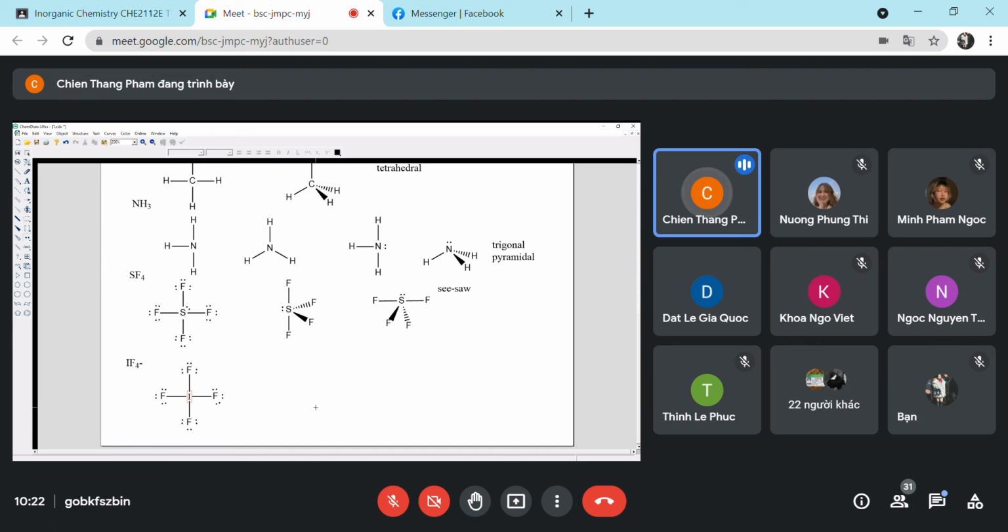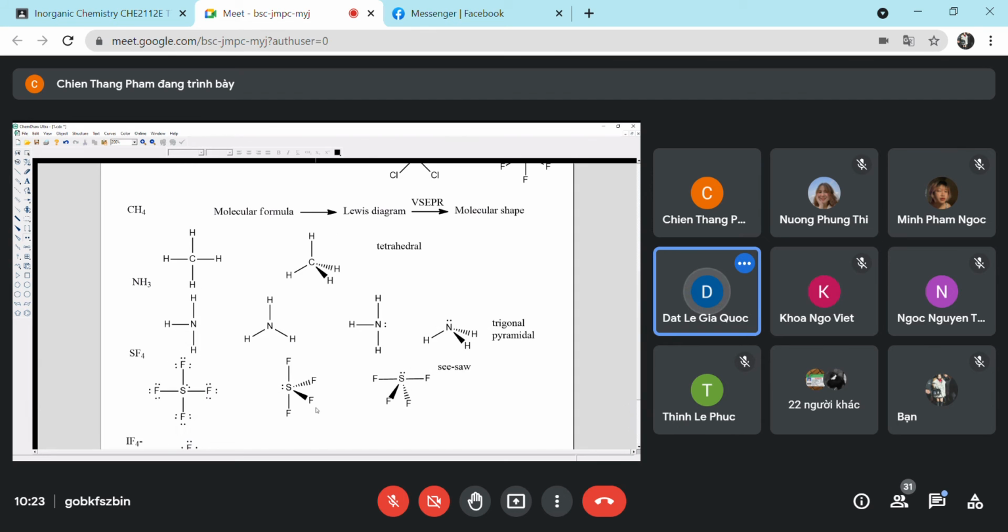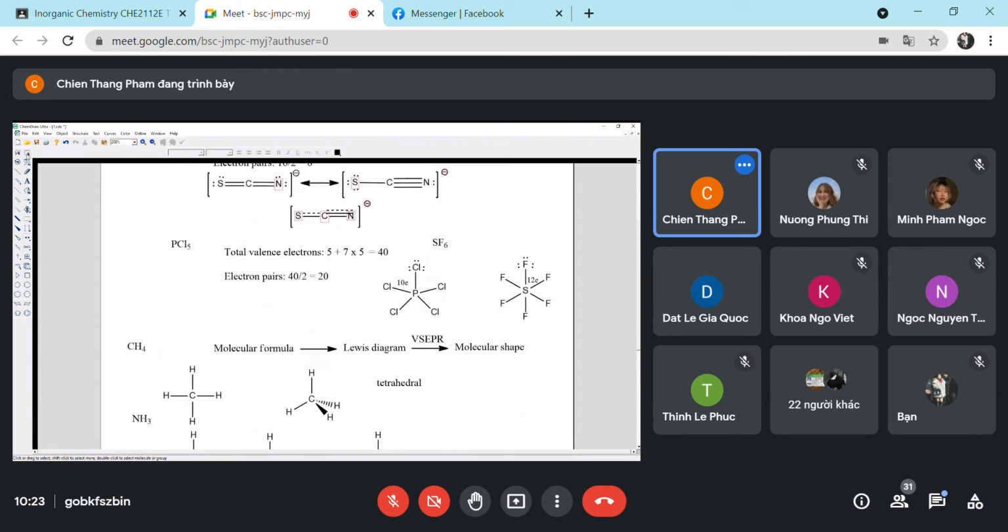How do you know there are two more pairs on the iodine atom? Because there is a minus charge in IF4 minus.